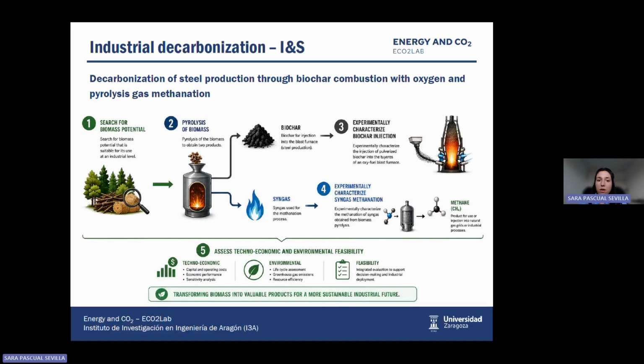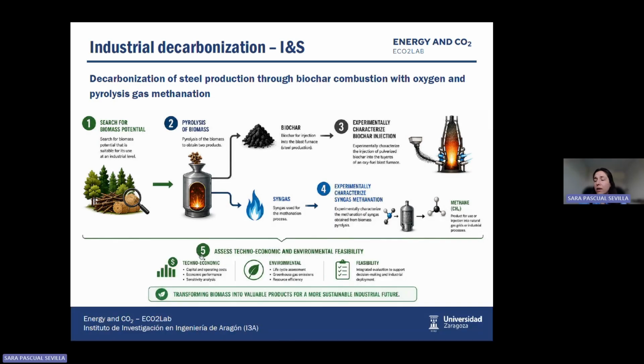Then this project experimentally characterizes the injection of the biochar in the blast furnace technology, and for the syngas from the pyrolysis, we have a step to characterize the methanation of this syngas to later use the synthetic methane obtained in this methanation process.